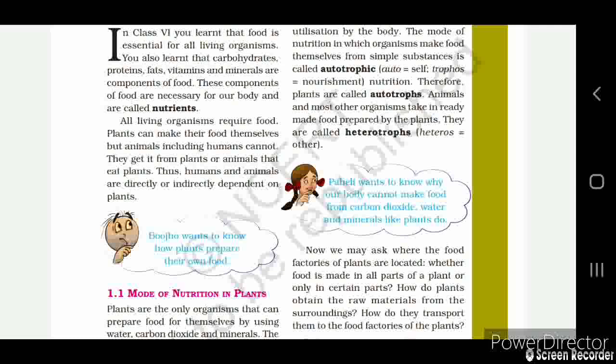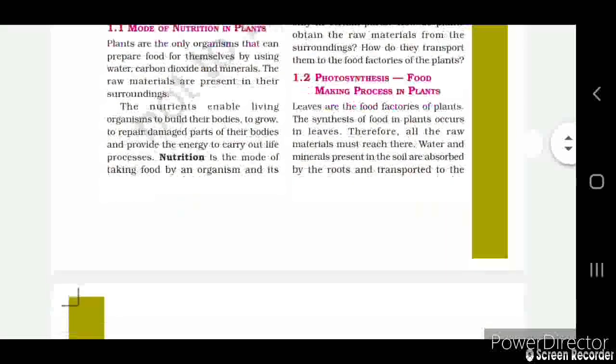Animals eat plants, and humans cannot prepare their food by themselves, so they get it from plants or from animals that eat plants. Thus humans and animals are directly or indirectly dependent on plants only.